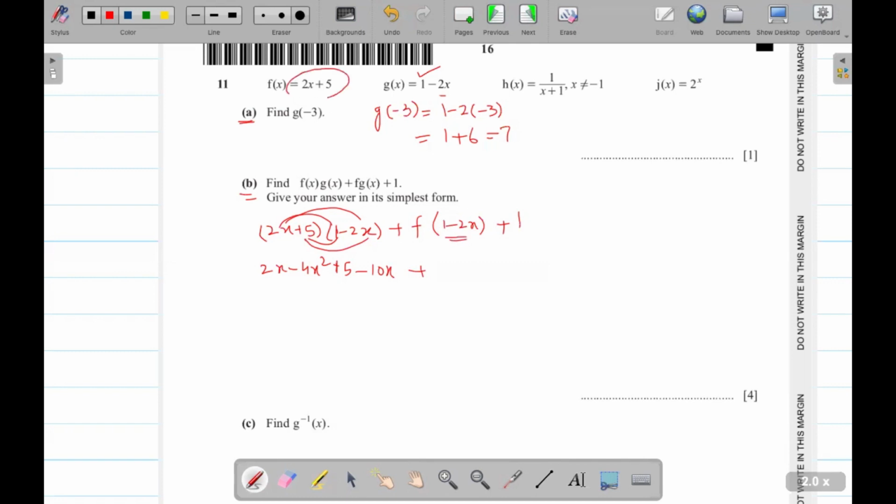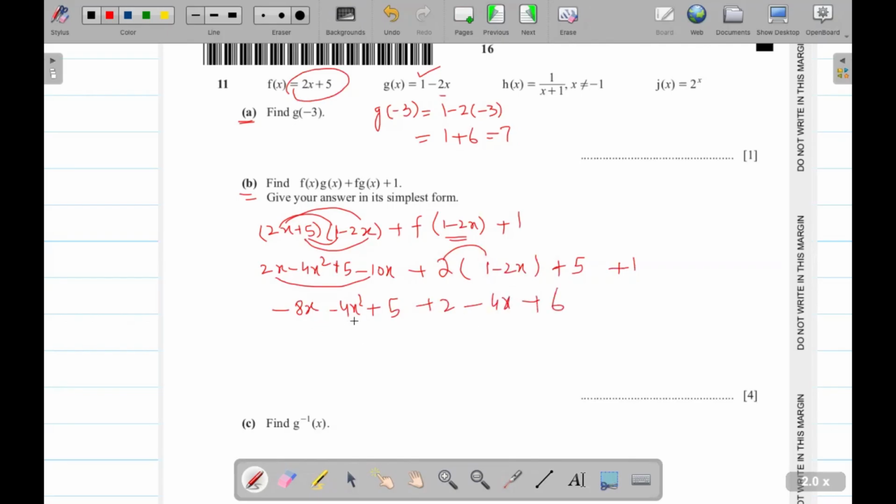Look here, f of x is 2x plus 5. We write 2x plus 5. In place of x, we write 1 minus 2x, and plus 1 we write as it is, and we can calculate this. 2x minus 10x is minus 8x, and minus 4x squared plus 5, and 2 times 1 is 2, plus minus 2 times 2 is minus 4x, and plus 6.